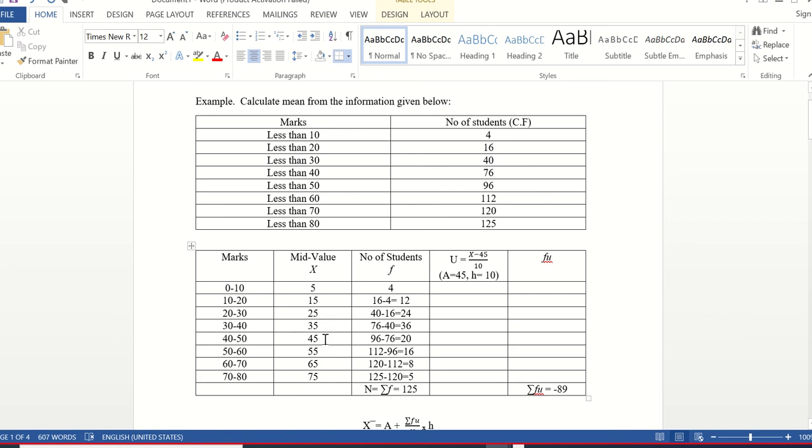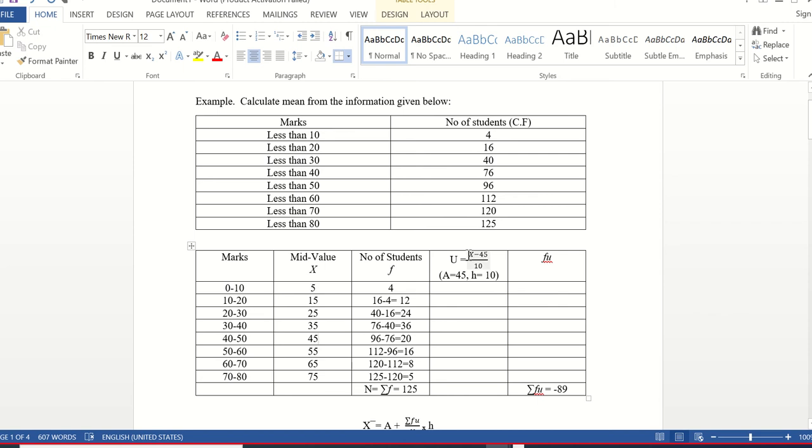As I told you, we always pick one assumed value from x only, not from frequency, right? You can pick any value, but I would suggest trying to pick the middle value. So this is 45. In this question, I have picked 45 as the assumed mean, right? And h, you can take the class interval directly. So class interval is 10.